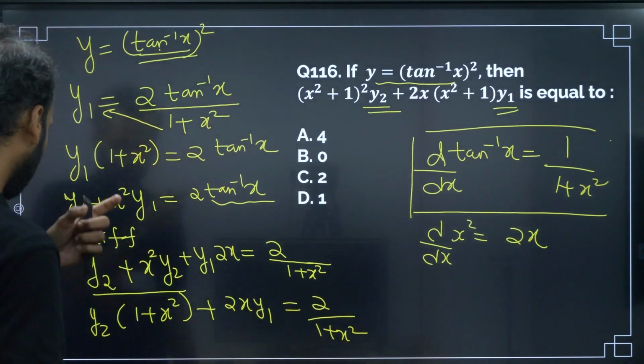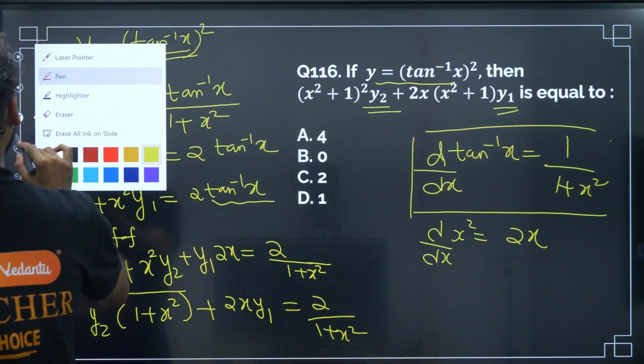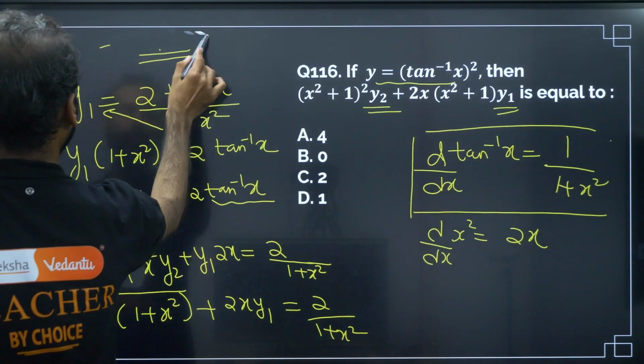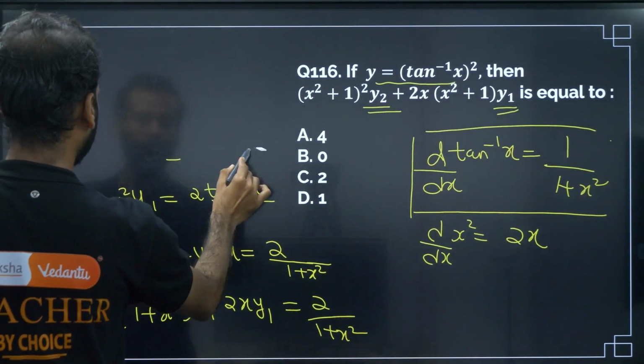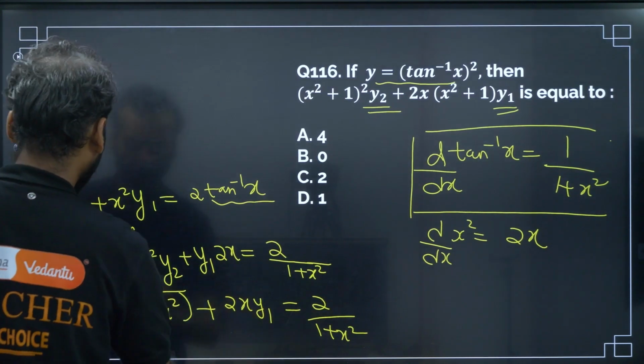Now we are almost near to the answer. Let me remove some things from here. Just transpose that 1 plus x square to the other side.